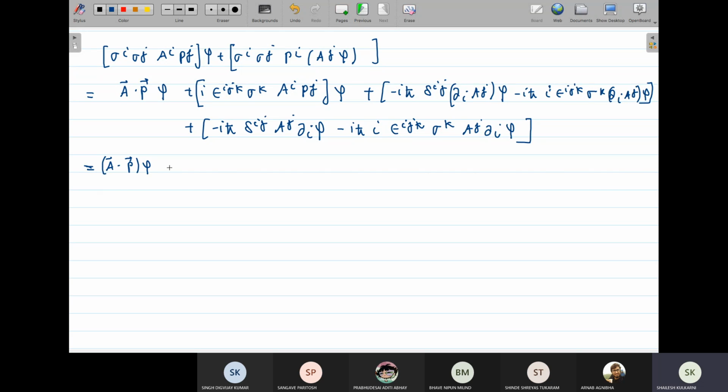Now you concentrate on this piece. This piece gives you delta ij del i aj. It's like del dot a, divergence of a. Clear? Now concentrate on this piece, epsilon ijk sigma k ai pj and epsilon ijk sigma k.